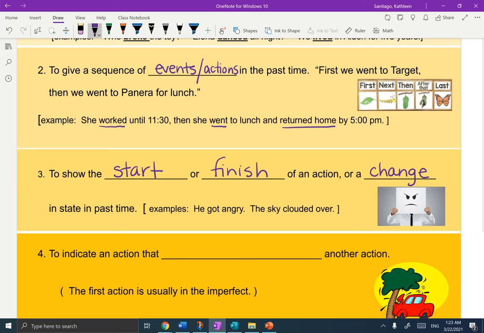Examples, he got angry. So that was the change of state. The sky clouded over, change of state. I like this picture because you can see that maybe behind there he was smiling, but then he put up the sign that he was changing his state.